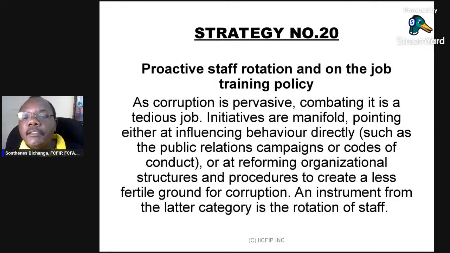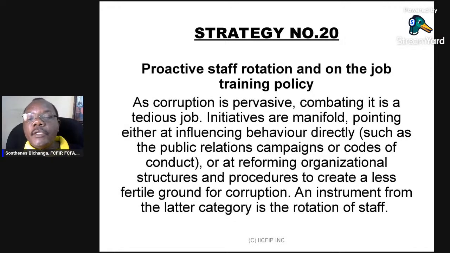How can transfer assist in fraud and corruption deterrence and detection? I have learned from experience that staff who know for sure that they can be transferred anytime at short notice to a different workstation avoid perpetrating malpractices for fear of being detected by the incoming staff or manager.